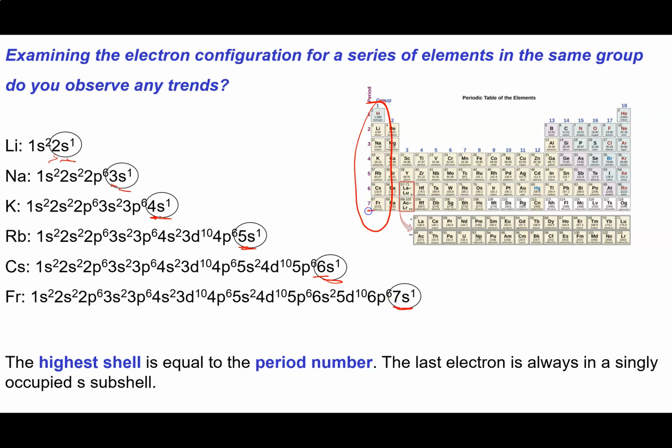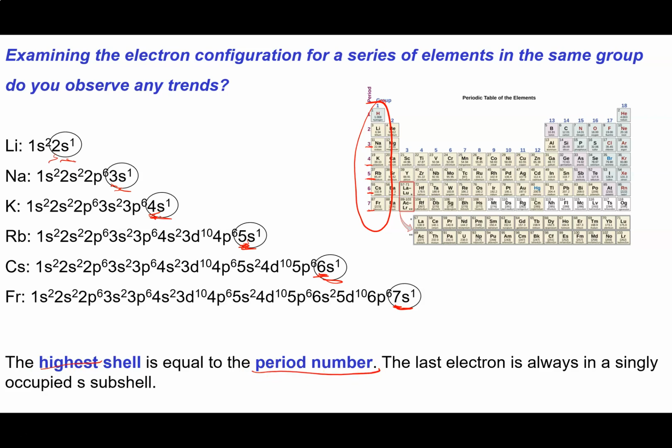So francium's in period 7 and its highest shell is 7. Cesium's in period 6 and its highest shell is 6. Rubidium is in period 5, and you guessed it, its highest shell is number 5. Potassium is in period 4, its highest shell is number 4. Sodium, 3, and so forth, right? So the highest shell is always equal to the period number.